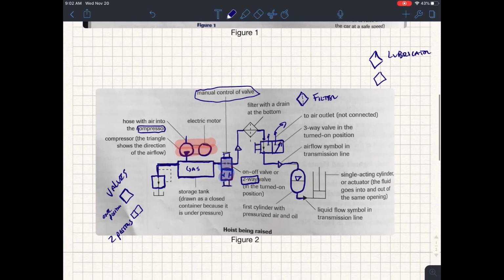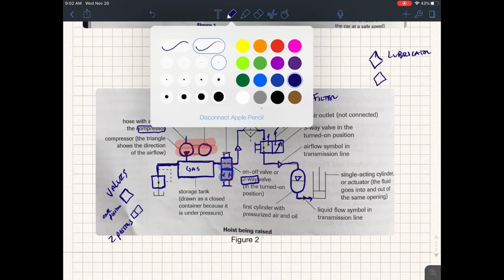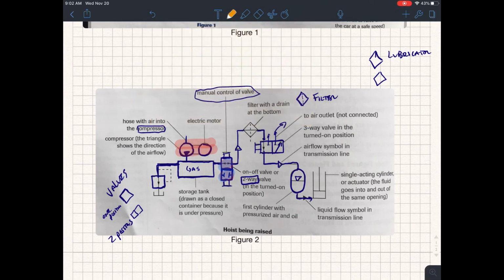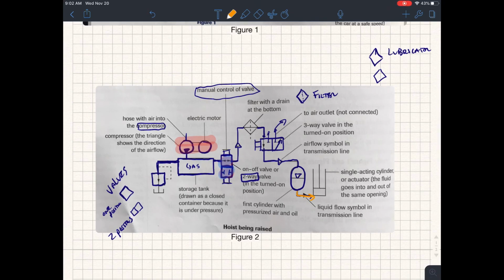And we have a transmission line. Now we're into the hydraulic part of the system out of the pneumatics. Remember, the oil is here. And we've got this big guy right here, and this is, of course, our actuator. There are lots of different symbols for actuators, which we won't take a look at.